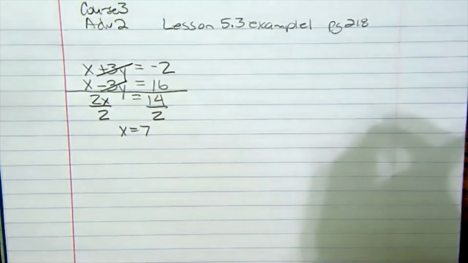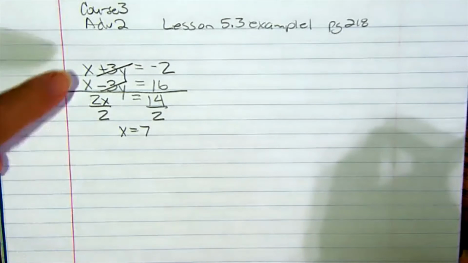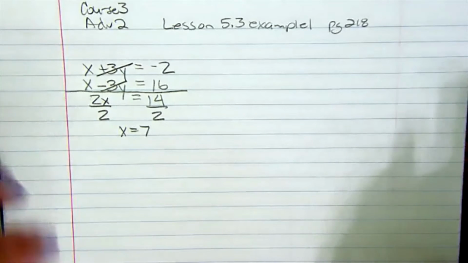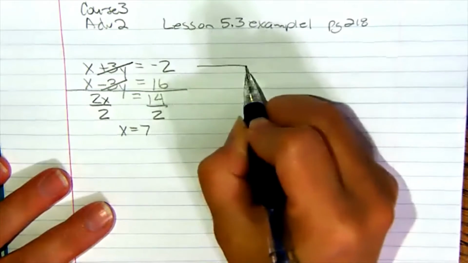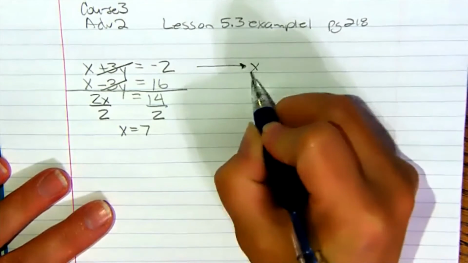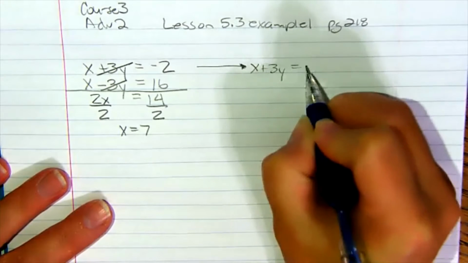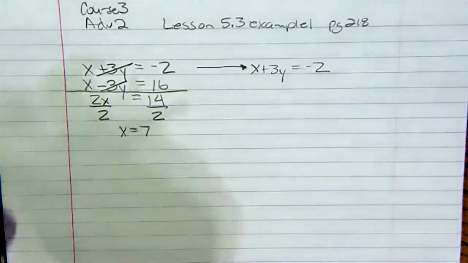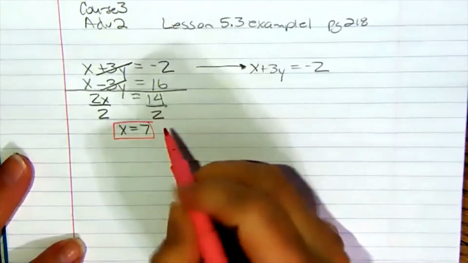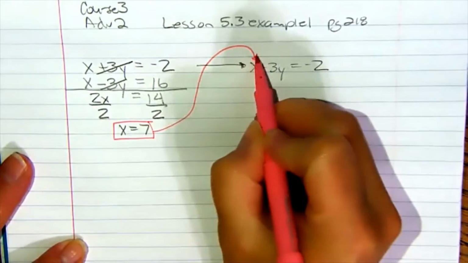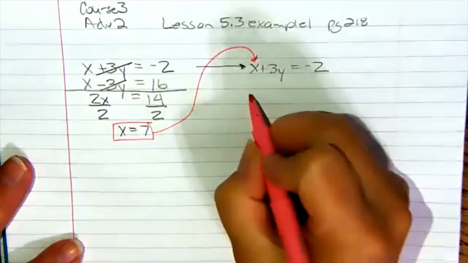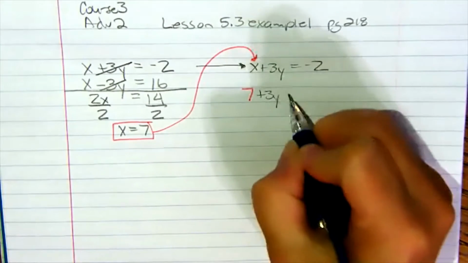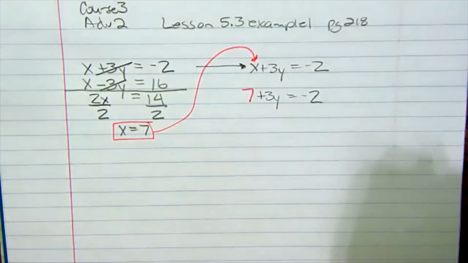But we're only half done. So I'm going to come back to my two original equations. I can pick either one. I'm going to choose the one that looks the easiest to work with. And now I am going to substitute. 7 plus 3y equals -2.